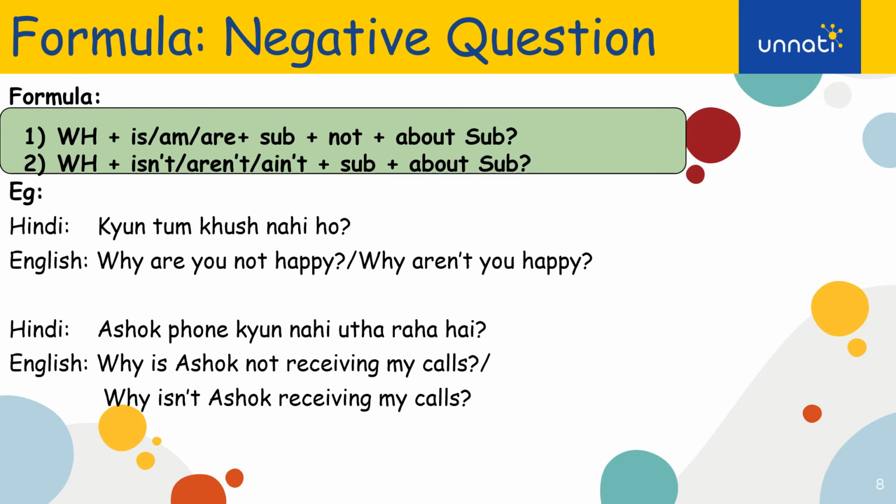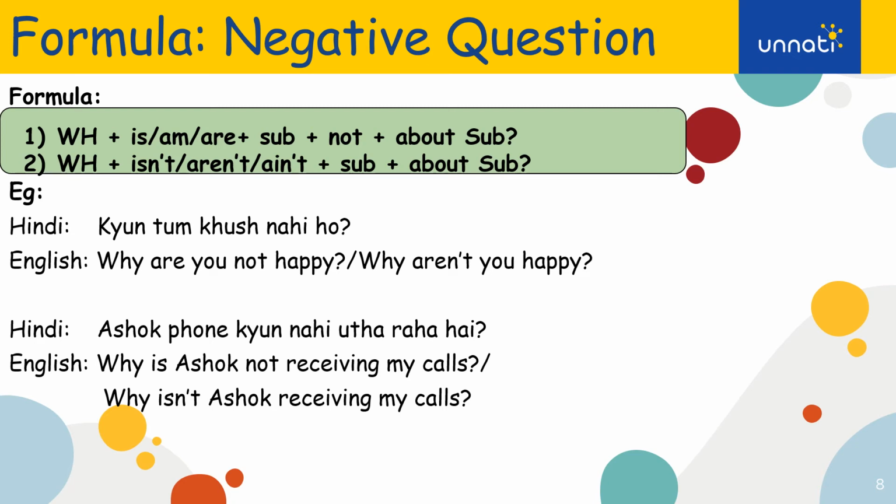The second way to go about it is we would use the question word or WH word plus isn't or aren't or ain't. So here we are joining the state of being verb with the not and making it a shorter form. Instead of is and not, we are saying isn't.